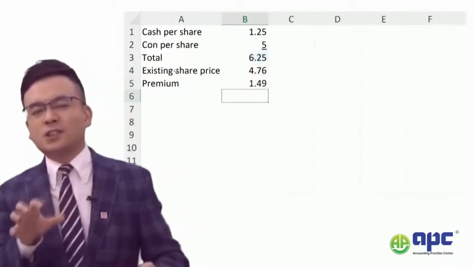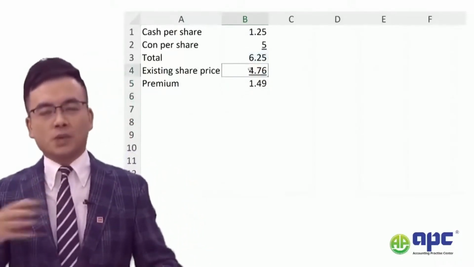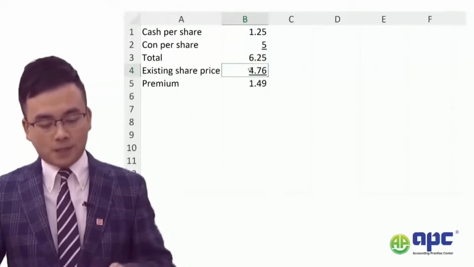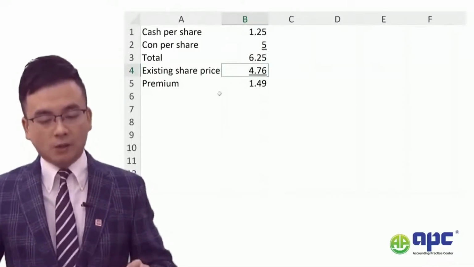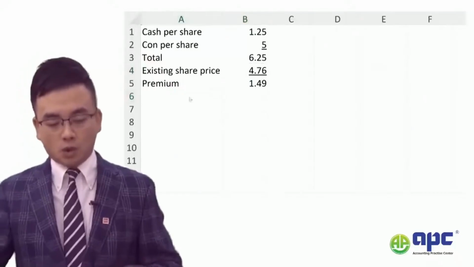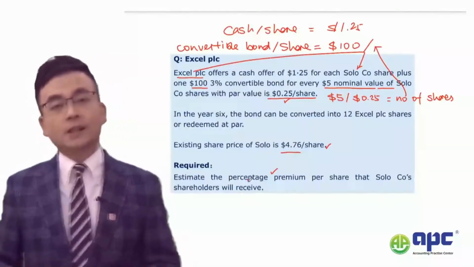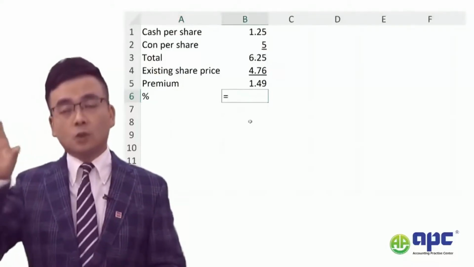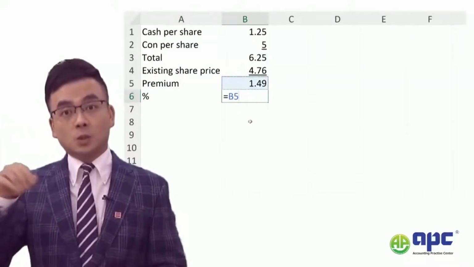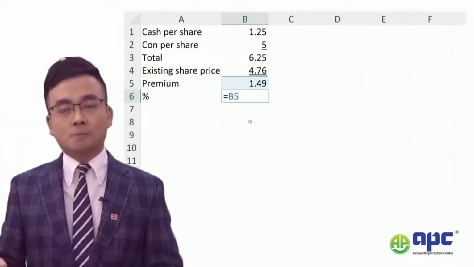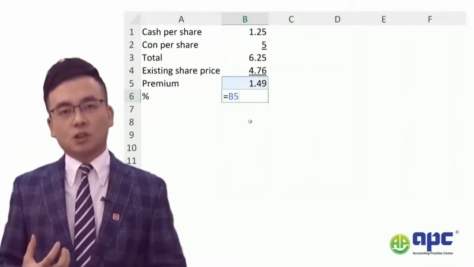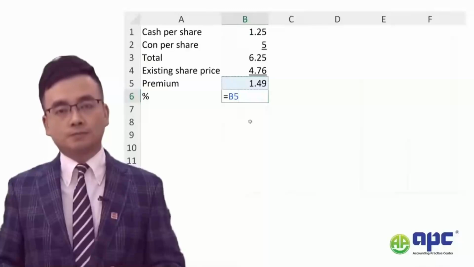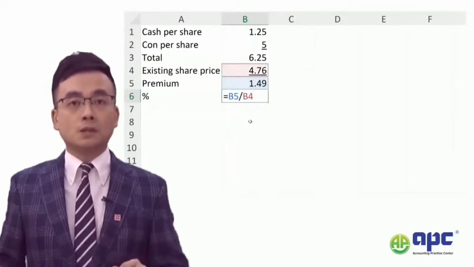It's something like the goodwill figure when we come to the financial accounting papers. However, in this paper, we need to calculate the percentage. So what that means is we take the 1.49 that the Solo shareholder will receive as an extra amount, and that will be an extra cost to me over what they are actually worth currently, 4.76.